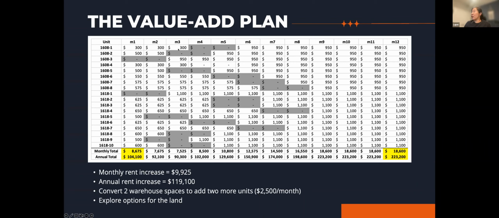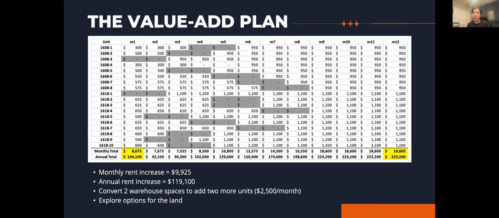If you look at the projection here, in month 12, what we are targeting, you see how much the rent growth is. And then if you look at the monthly total and the annual total, you see how much revenue increase just simply by moving the tenants out one by one and renovating the units one by one.